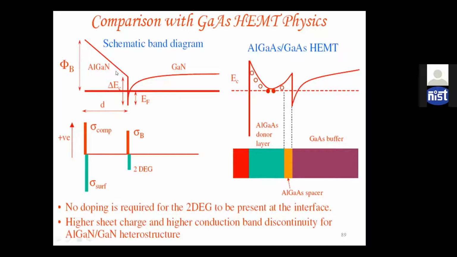Particularly, the 2DEG two-dimensional density at the heterostructure interface in GaN/AlGaN is of the order of 10 to the 12 per cm square, whereas in the case of GaAs, the maximum is of the order of 10 to the 11. So you can get a high two-dimensional electron concentration at the interface.